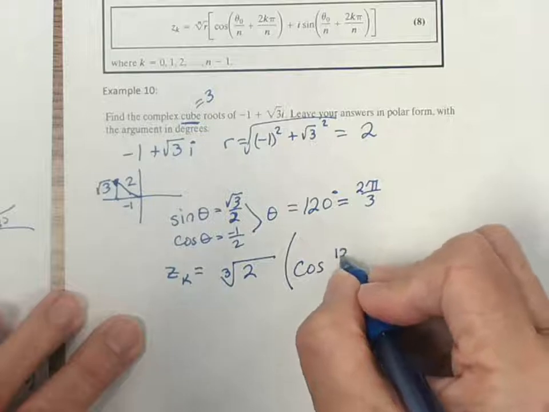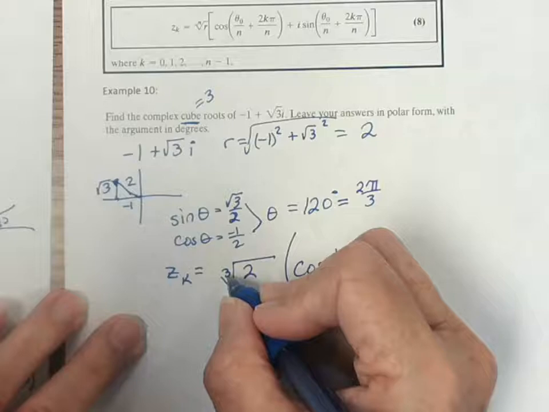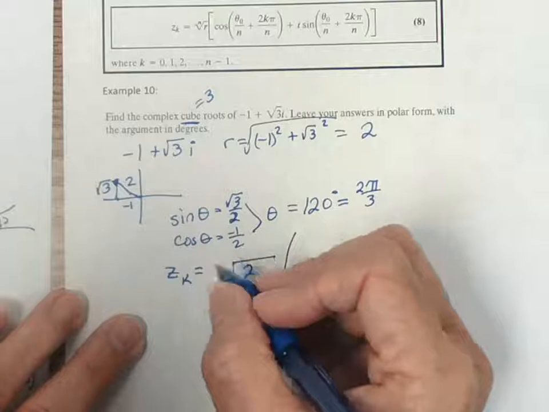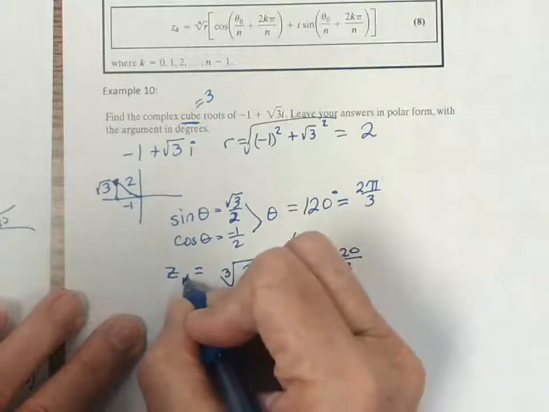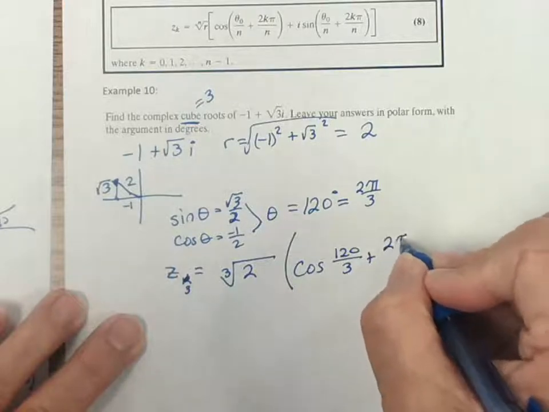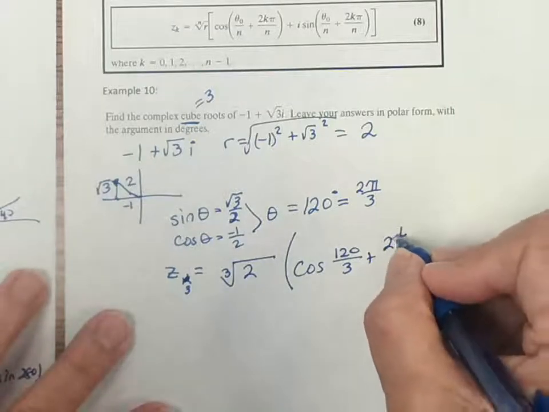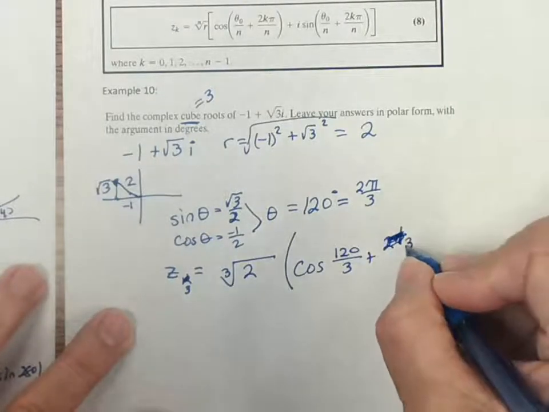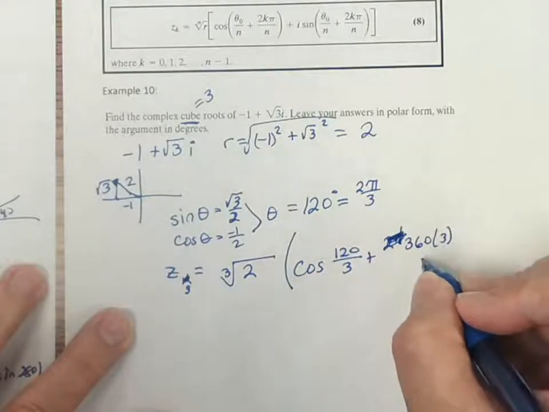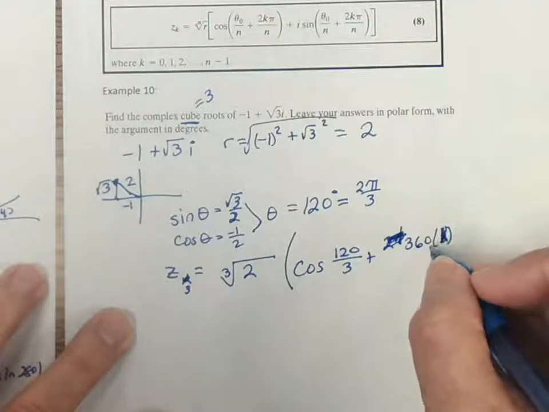Theta is 120 divided by n, which is 3, plus 2 pi k. Oops, I switched to pi when I was doing 360 times k. I'm sorry, k. Ugh.